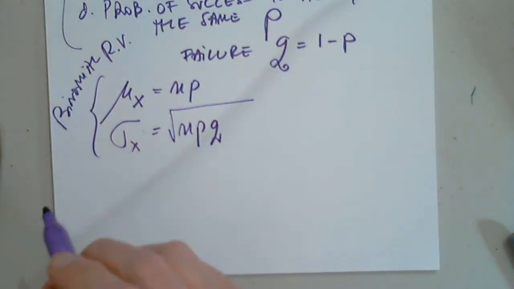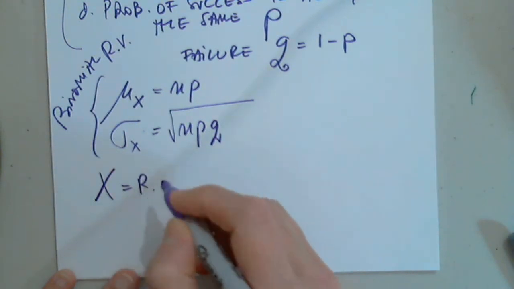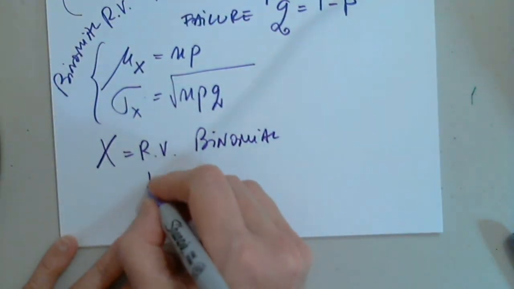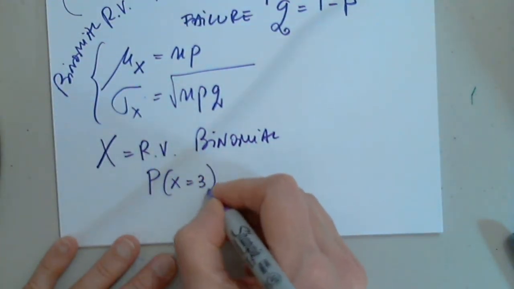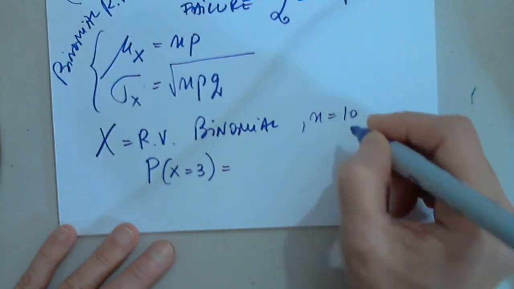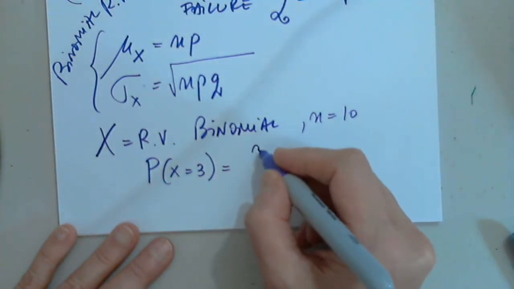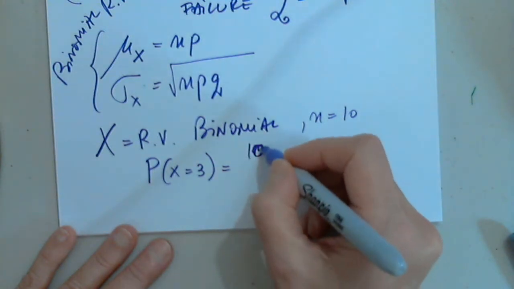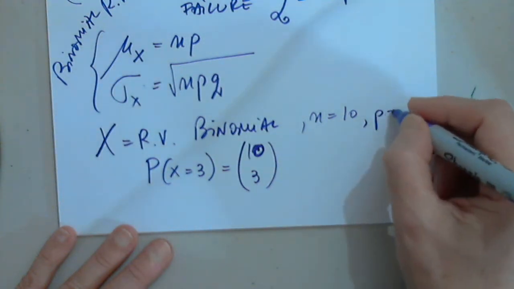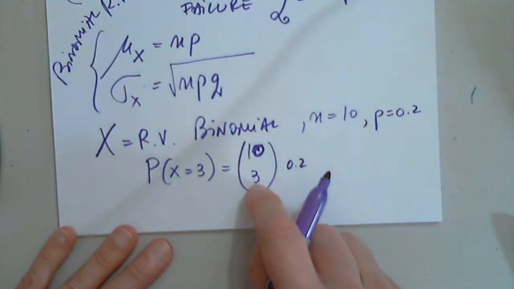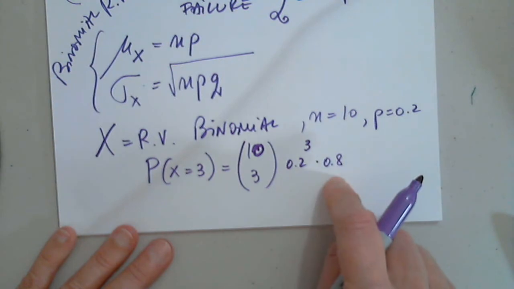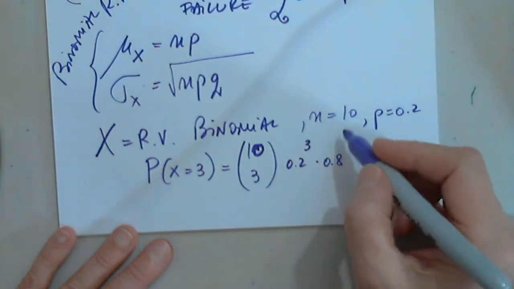So if I know that X is a binomial random variable, and I want to determine, let's say, the probability for X to be 3, then the formula, let's say n is 10, would be 10 choose 3, and the probability, let's say, is 0.2, so 0.2 raised to power 3 times the rest, which is 0.8, the q, to 10 minus 3, which is 7.